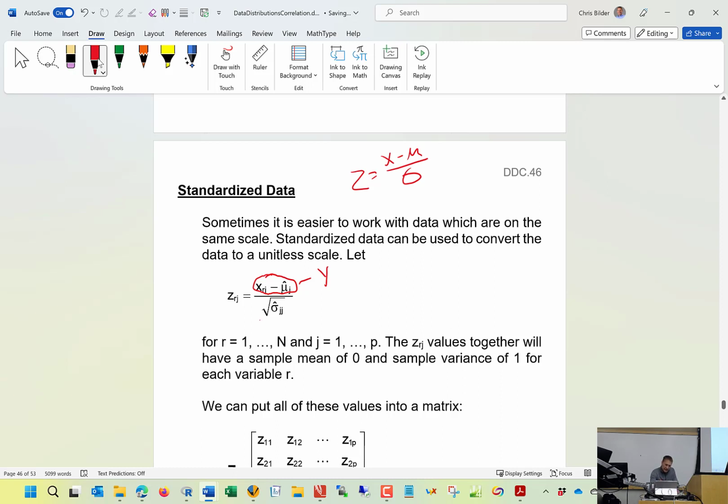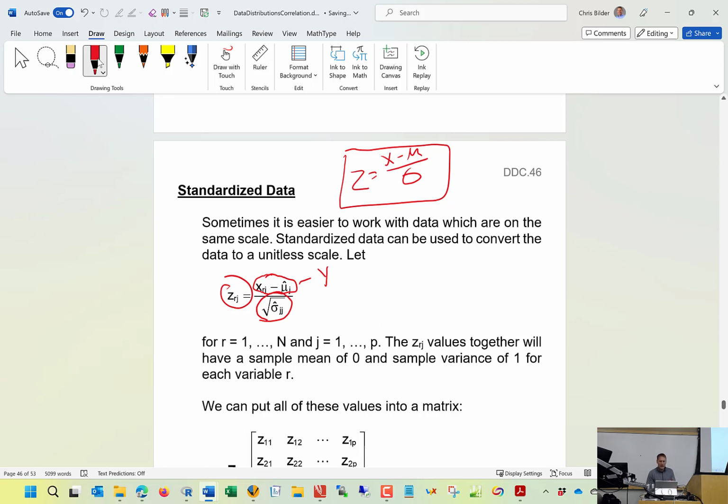By dividing by the square root of the estimated variance, what we're going to do is cause this whole thing called z to have a variance of 1. Just like what you learned when you talked about the standard normal distribution.